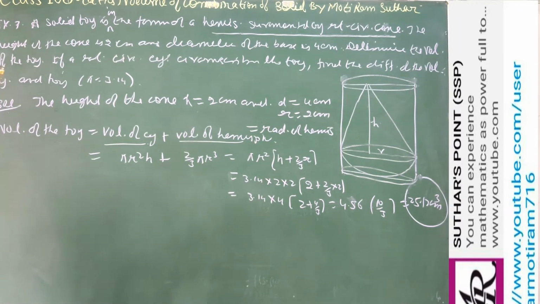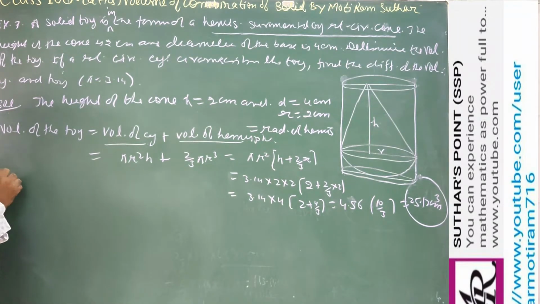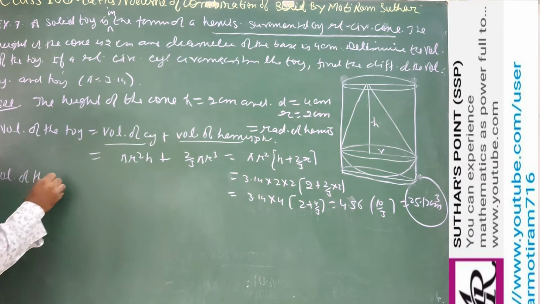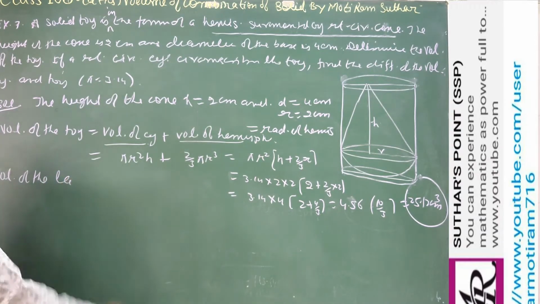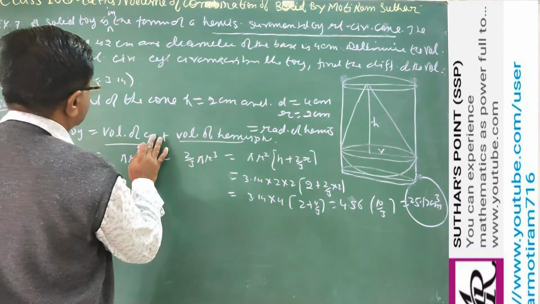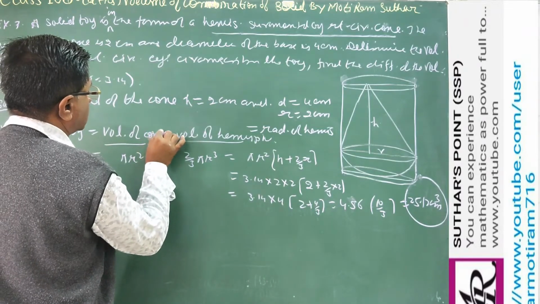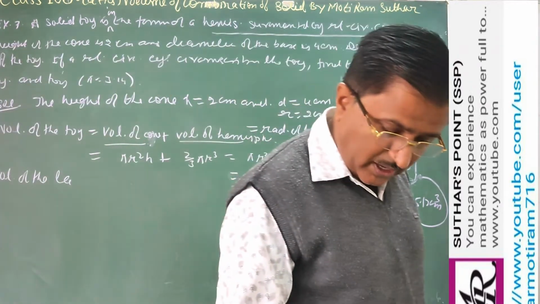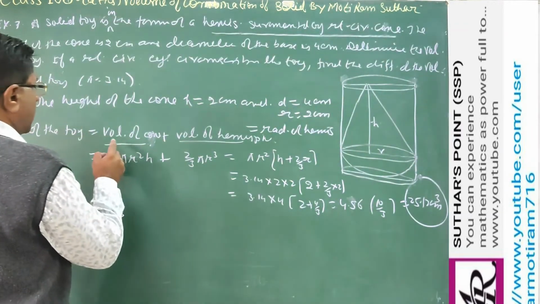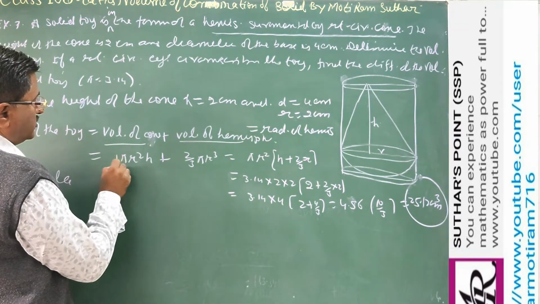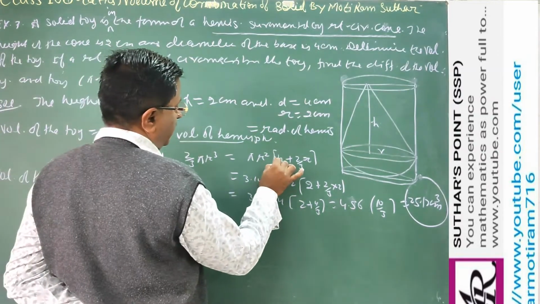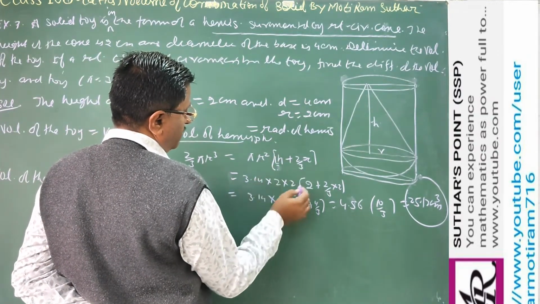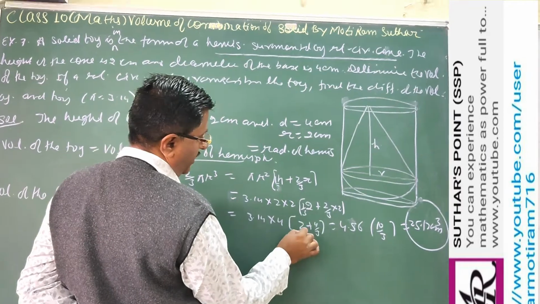Volume of the cylinder. So this is cone, not cylinder. In the first case we are taking the cone, that is 1 by 3 pi r square h. This is the cylinder.